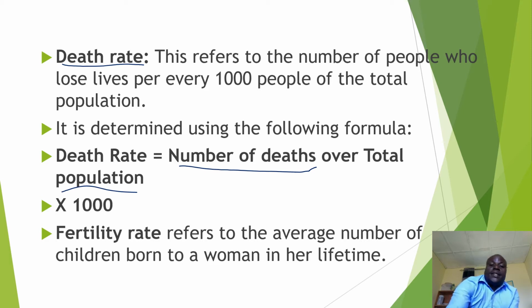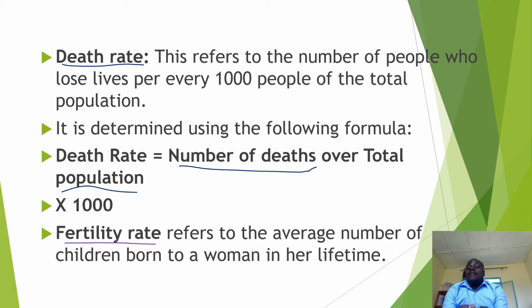Then we have fertility rate. This refers to the average number of children born to a woman in her lifetime. How many children can a woman produce in this time when she is still productive?